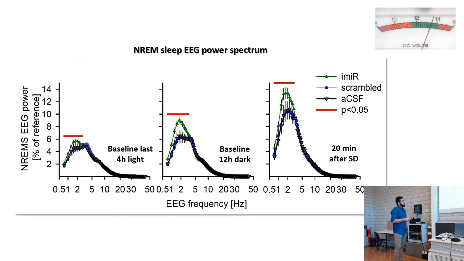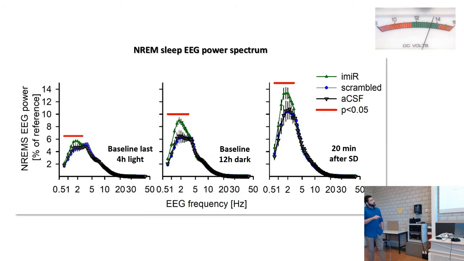We saw that even in the last 4 hours of the light period, where mice have the lowest sleep pressure, there was already a difference in the range of the delta power. Remember, as we said before, delta power is a correlate of deep sleep.